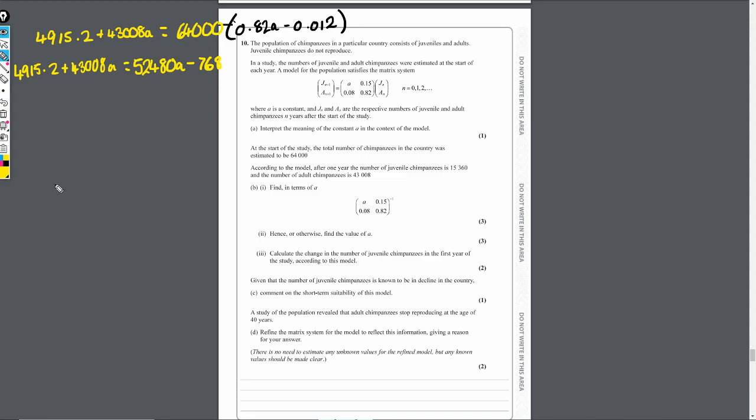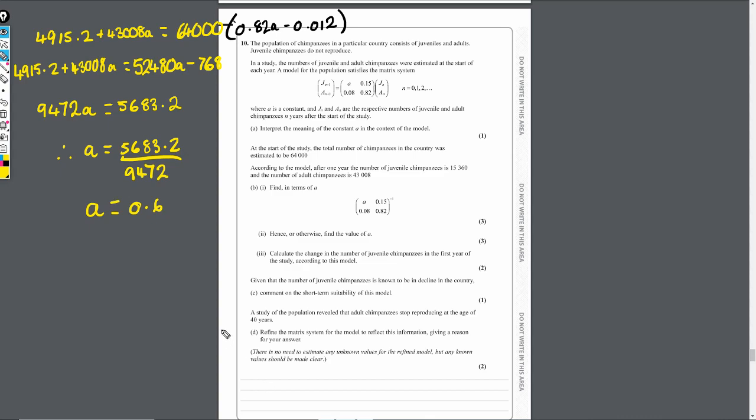Solving this now, I'm going to get 9,472A is equal to 5,683.2, and therefore A must be equal to 5,683.2 divided by 9,472, giving us 0.6. So there's our value for A.